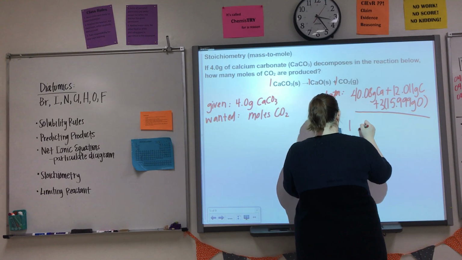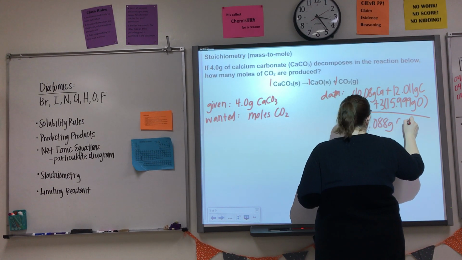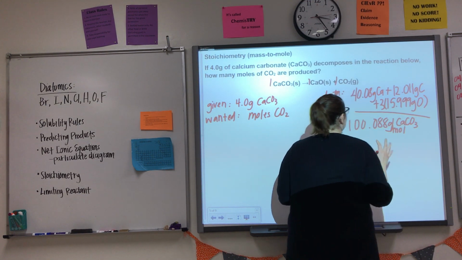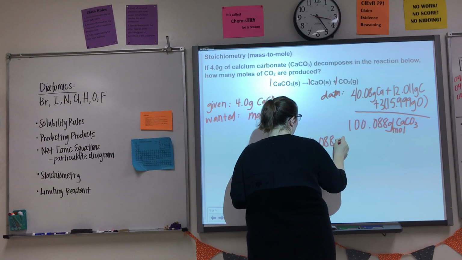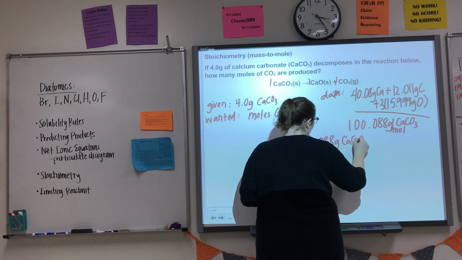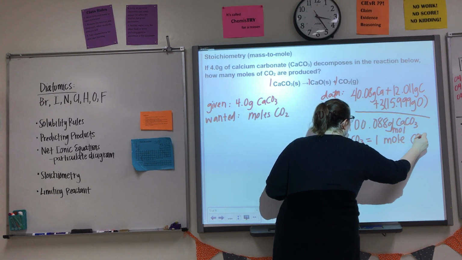All right, that gives me 100.088 grams of calcium carbonate, and that's grams per mole. What grams per mole means is that for every 100.088 grams of calcium carbonate, I have 1 mole of calcium carbonate.